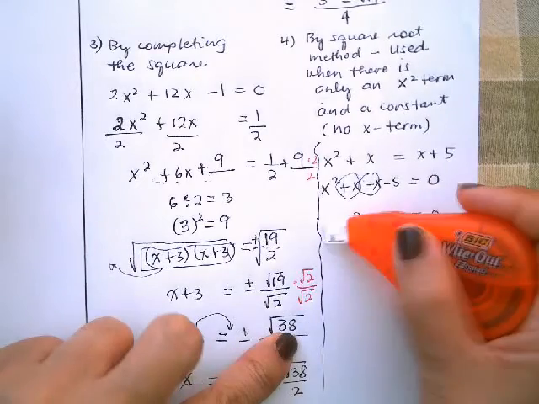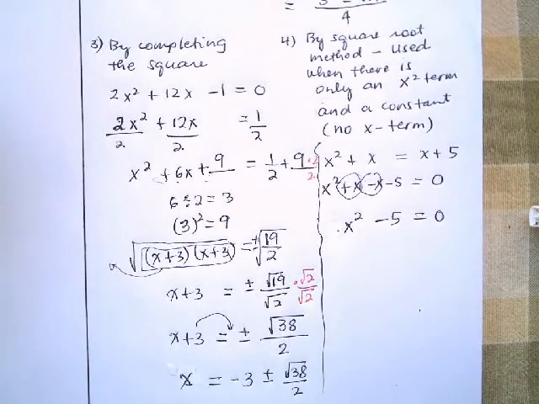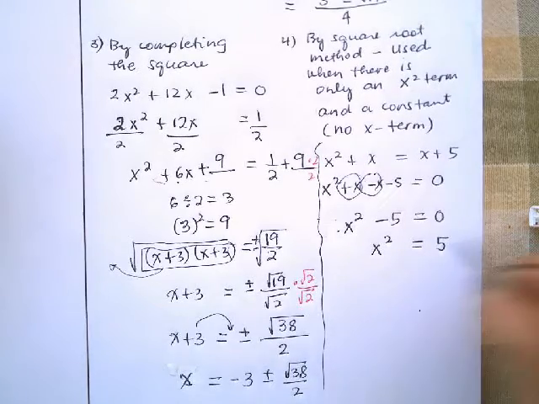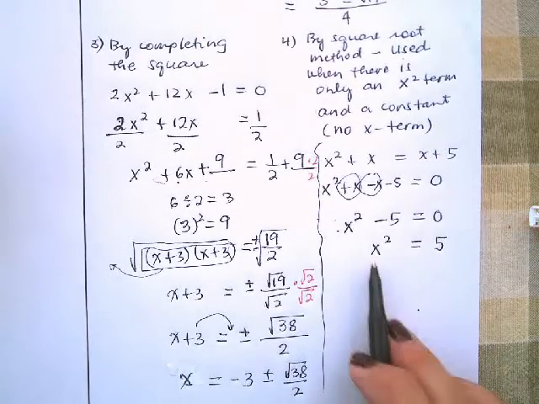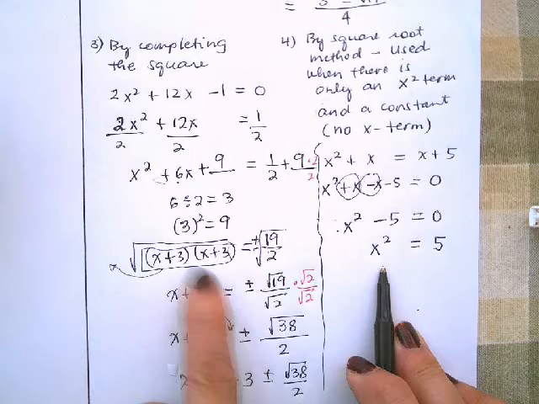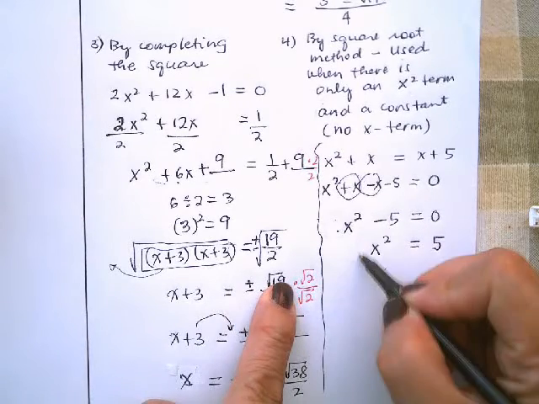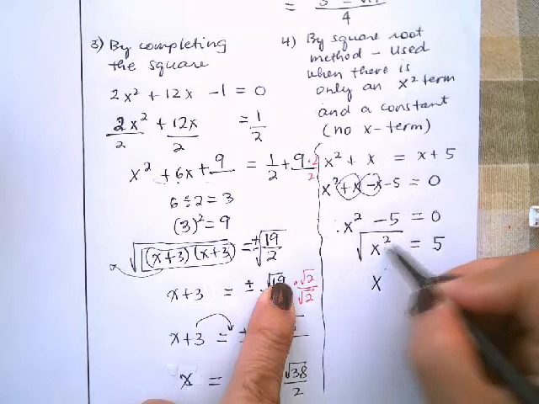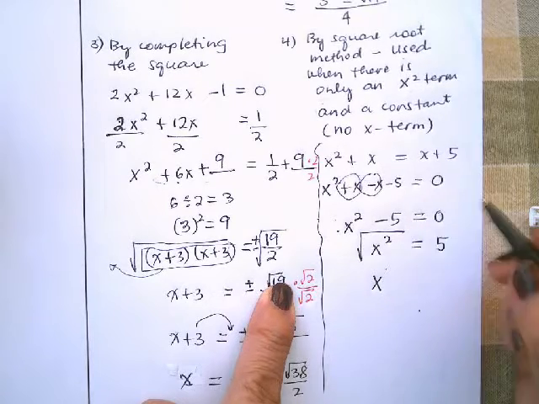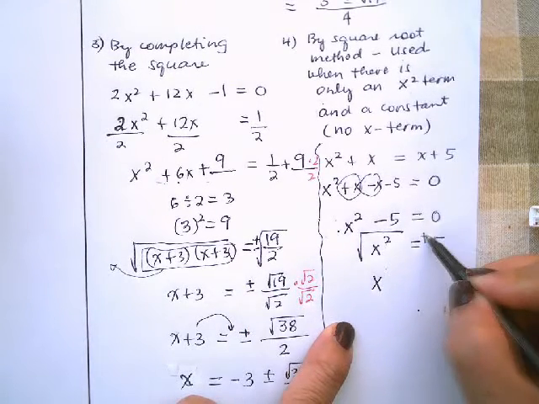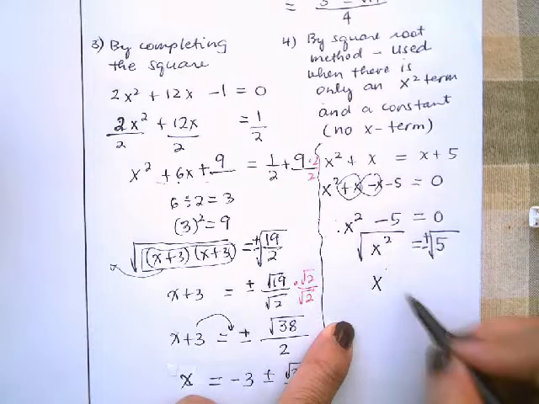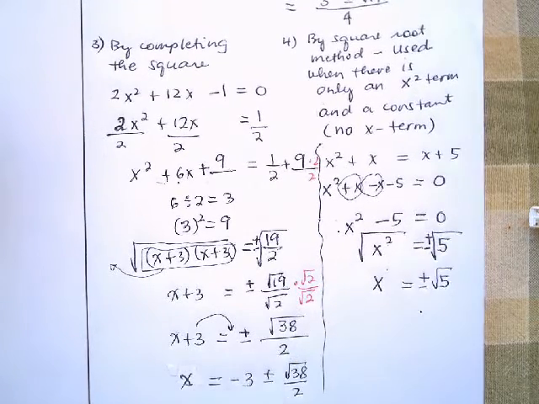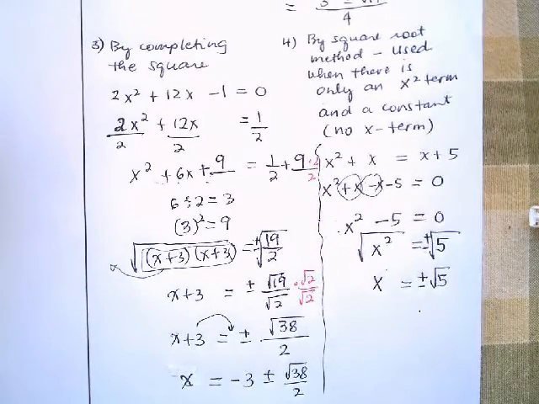So here we're just going to put the -5, so you end up with x squared equals 5. So you just get the square root of both sides like you did here. So the answer there is x, because that's a pair, and it will come out. And here plus and minus, don't forget plus and minus, so that's plus and minus square root of 5. Done. So that's very easy.